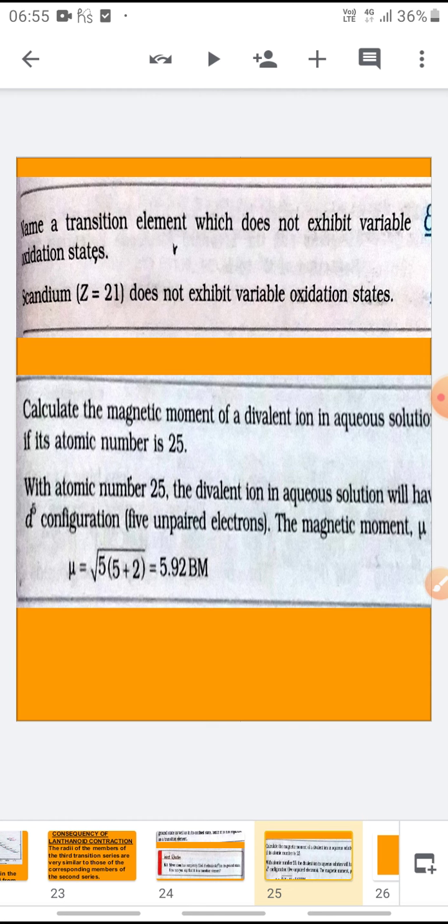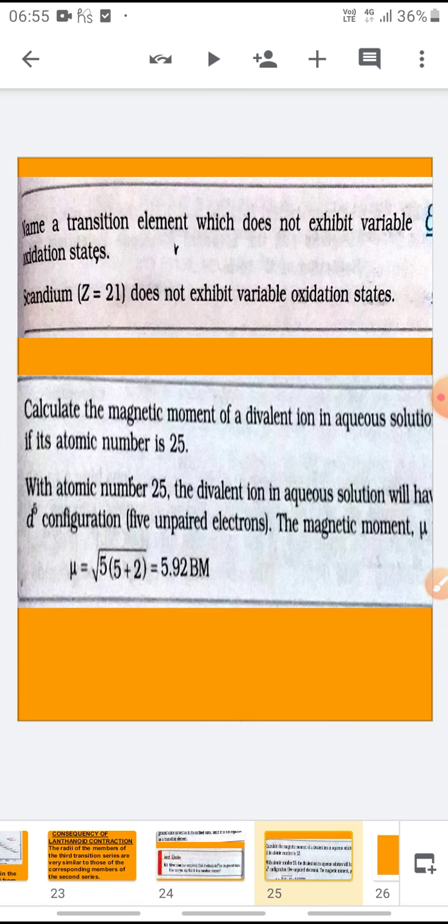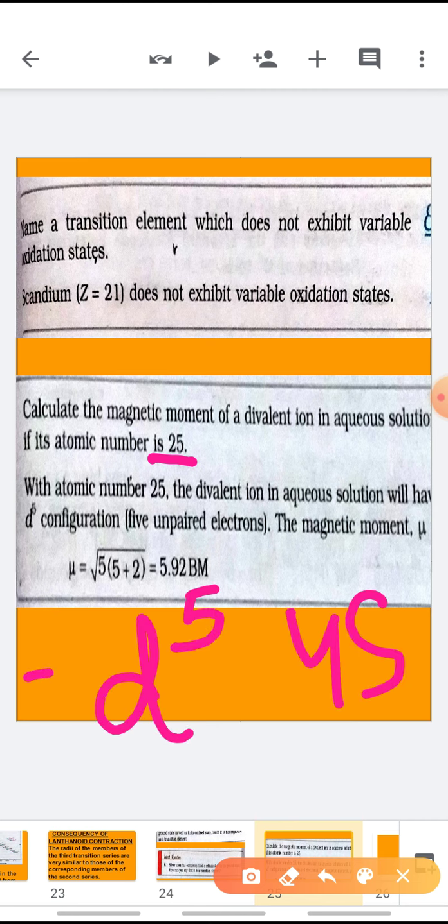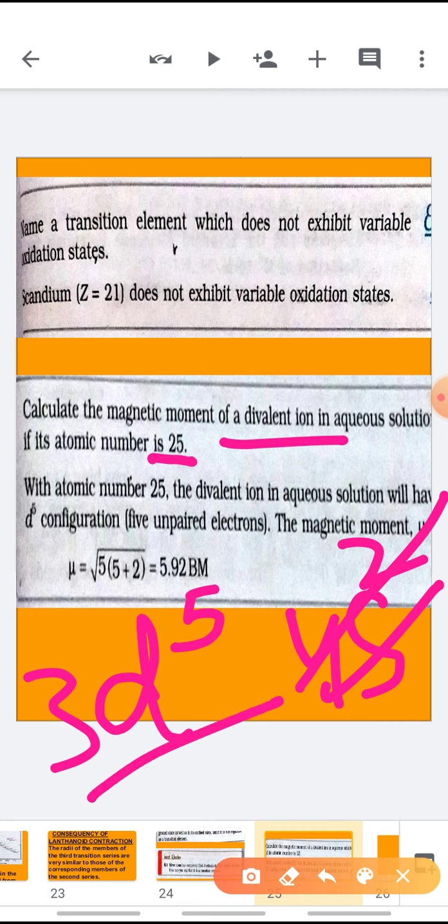Next is: calculate the magnetic moment of the divalent ion in aqueous solution if its atomic number is 25. Atomic number is 25 and it is divalent. That means the configuration is 3d5 4s2. Now, as it is divalent, it has given up 2 electrons, so the configuration is 3d5.